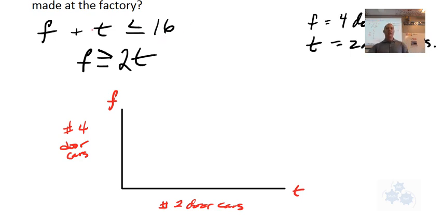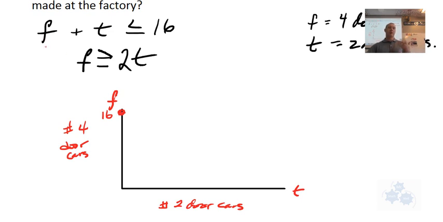Now you can rearrange these equations, I guess, right? You can get them into y equals mx plus b, or in this case it would be f equals mt plus b. We could do that. You don't have to. You could just generate some numbers here. For example, if I had 0 for t, I would have 16 for f, right? So that's going to be a point, 0 and 16.